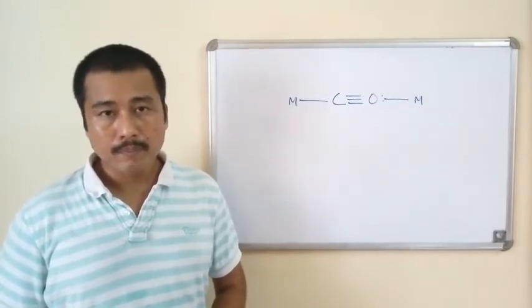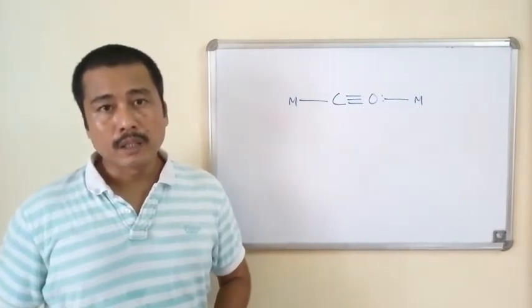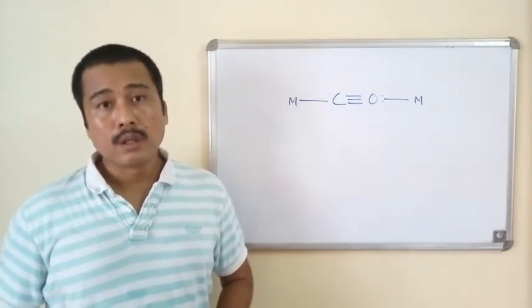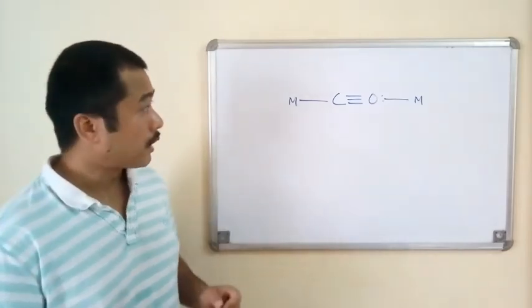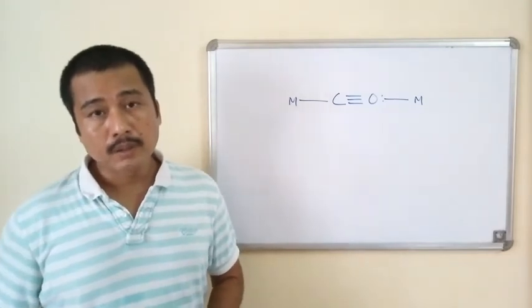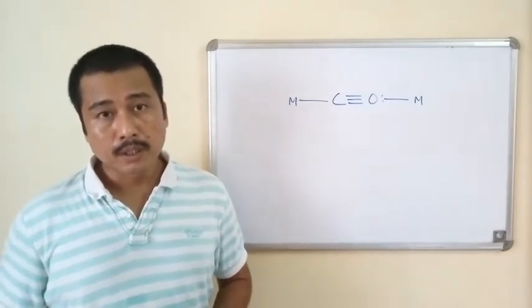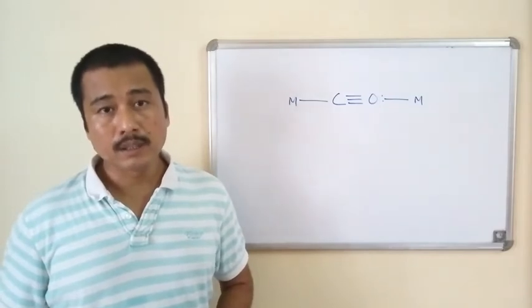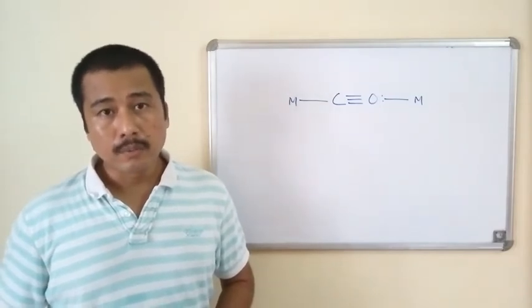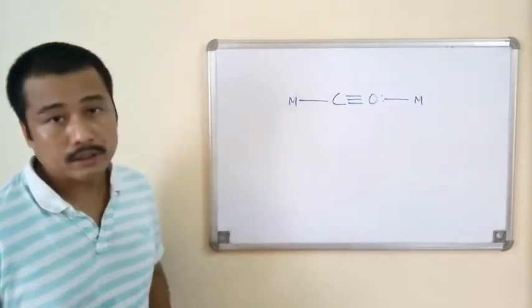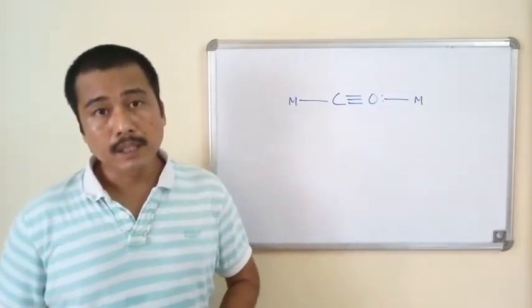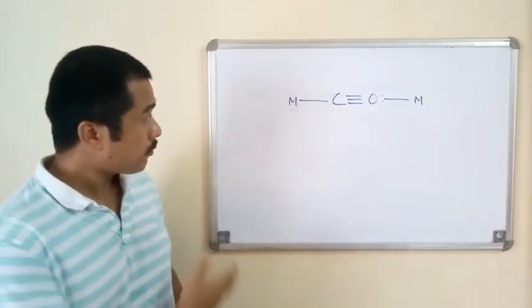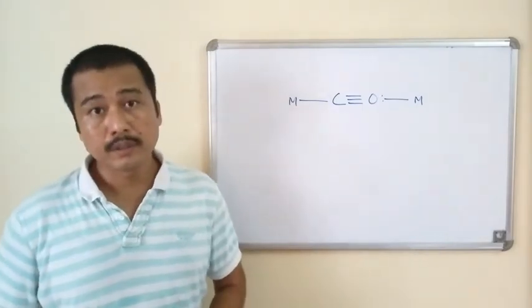In order to answer these two important questions about metal carbonyl complexes, we should look at the electronic structure of metal carbonyl complexes, and during this lecture we will try to understand it and at the same time answer these two questions that we have raised.